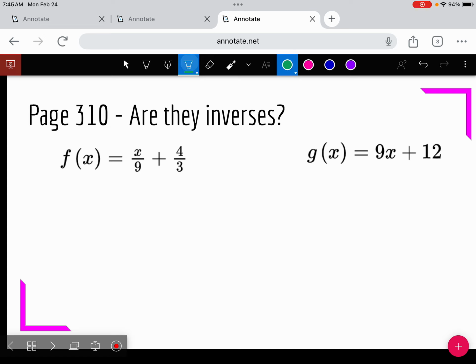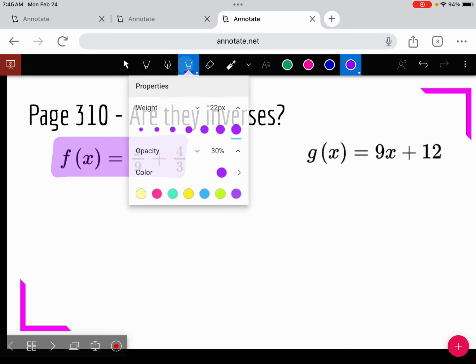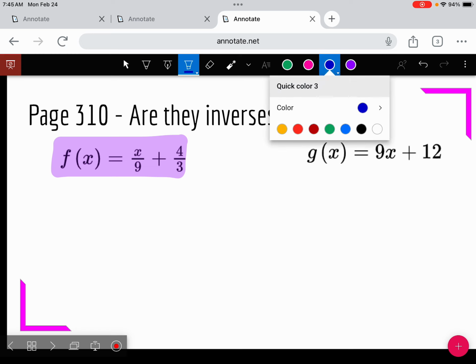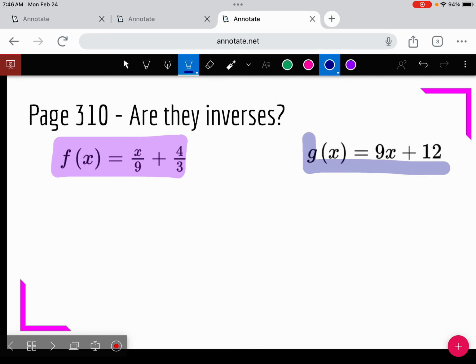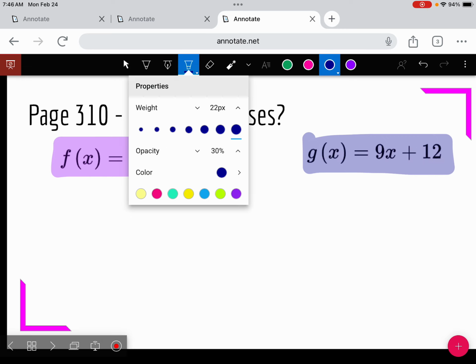I know, it's fractiony and gross, but we have calculators, and we can do this because we are awesome. So I'm going to do my f of x in the purple, and I'm going to do my g of x in the blue. I'm just making my blue a little bit different. So it's unpleasant and fractiony, but we can do this. I promise.